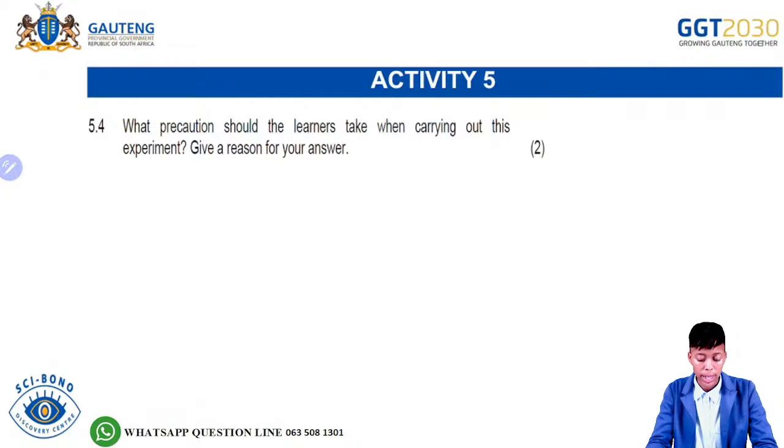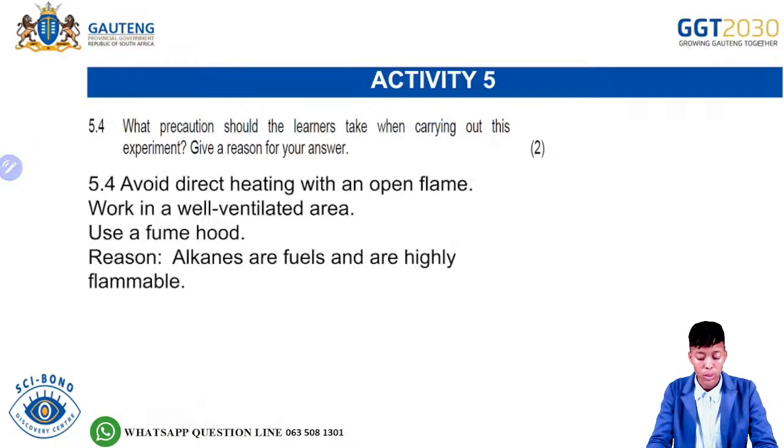Okay, then it says here 5.4, what precautions should the learners take when carrying out this experiment? And then you need to give a reason for your answer. So the learners should avoid direct heating with an open flame. They should work in well-ventilated areas.